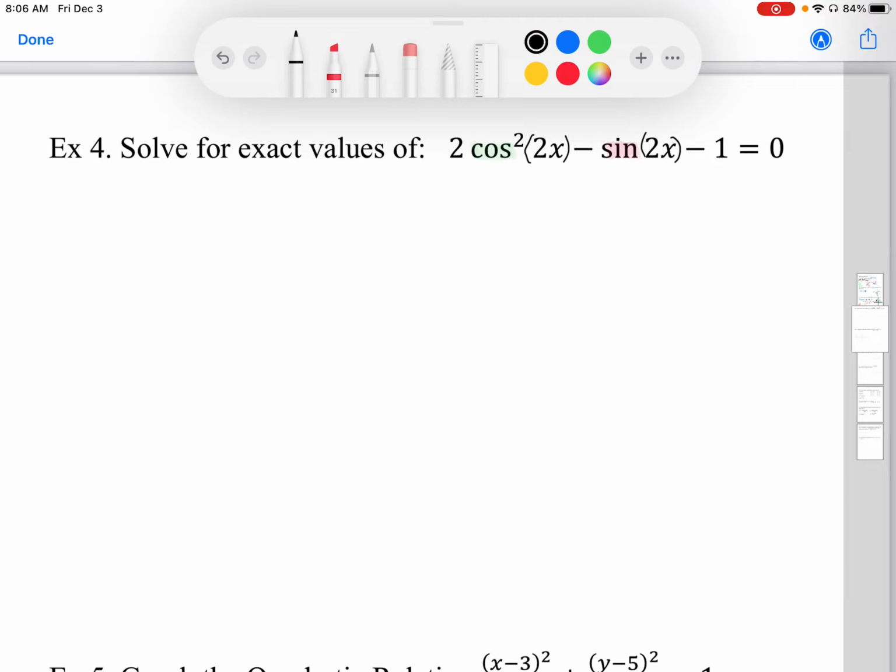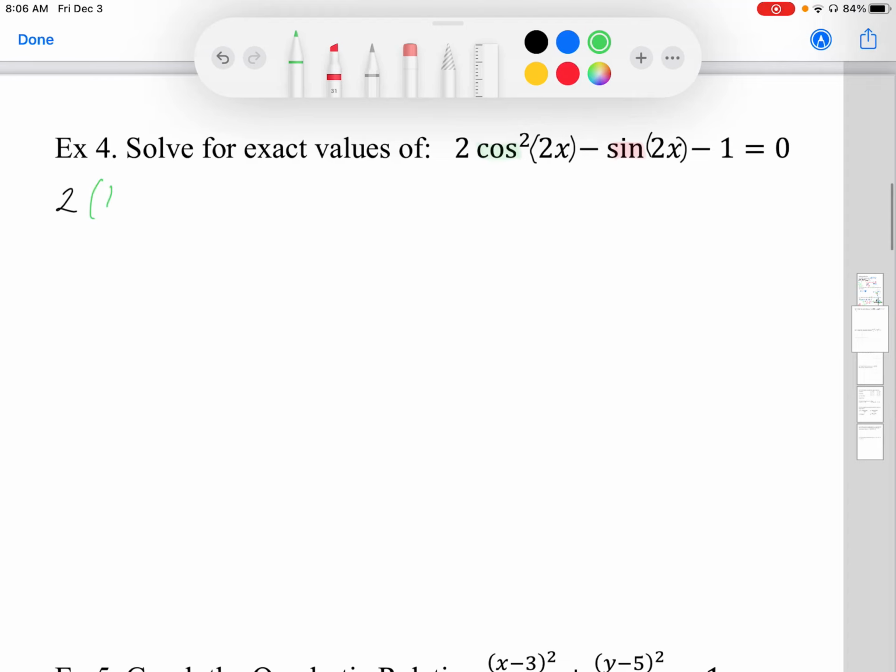So what we have to do is first use an identity. And we're going to convert that cosine into a sine using the Pythagorean identity. So I'm going to first start with that cosine. So I have 2. And then instead of cosine, I'm going to use 1 minus sine.